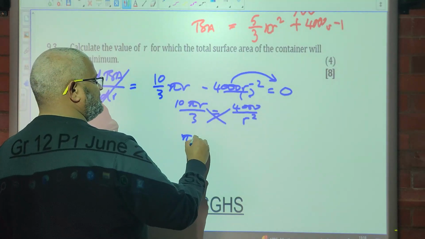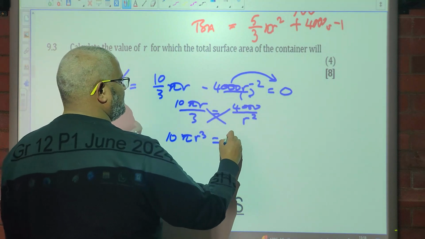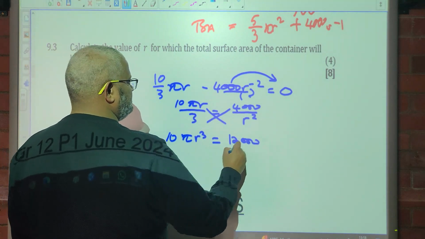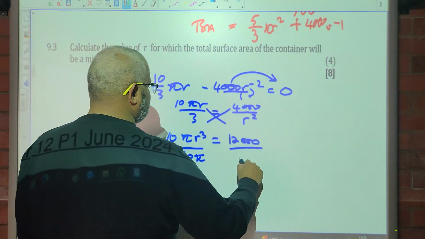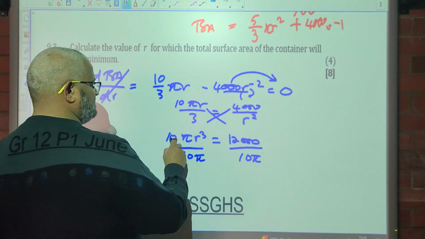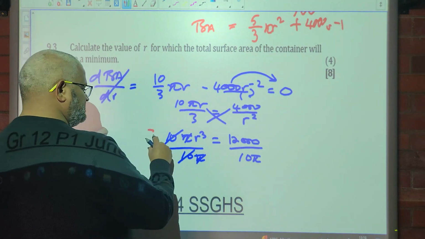That will be pi r cubed, 10 of those is equal to 12,000. Okay, so I divide both sides by 10 pi. The pi's cancel. And then I take the cube root of both sides.